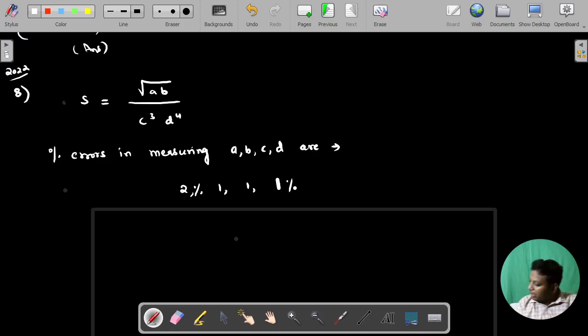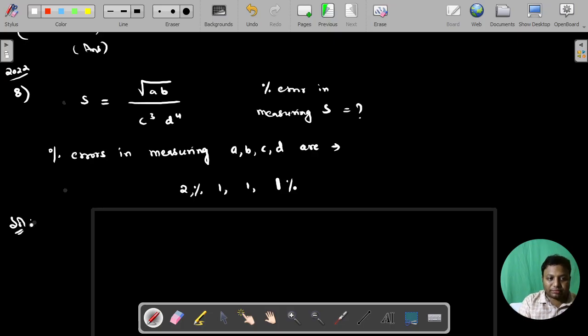We are supposed to calculate the percentage error while measuring the quantity S. These kind of questions are frequently asked in the EAMCET exam. They are very easy to solve. Let's understand how to solve them.